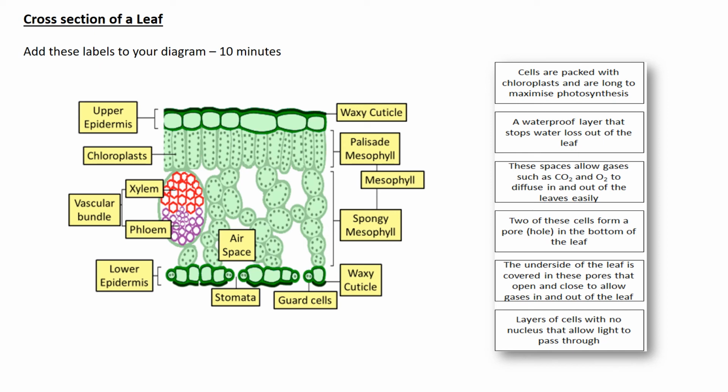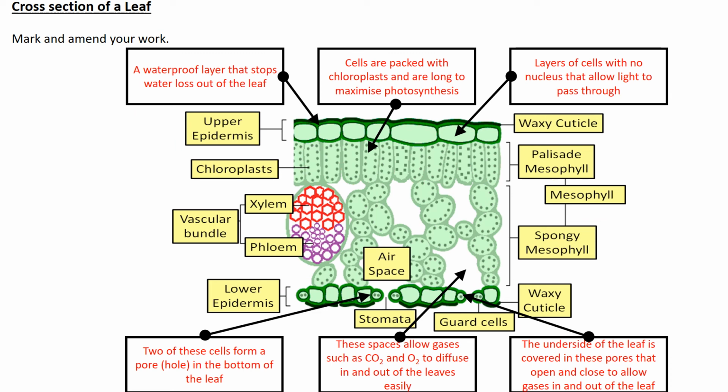Now, this is quite important because this appears year on year on the exams, and we talk about pupils' basic understanding of the structure of the leaf and how it relates to the process of photosynthesis. Take a minute, add the labels. So let's see how many you got right. Mark your work, give yourself a grade out of 6, please.